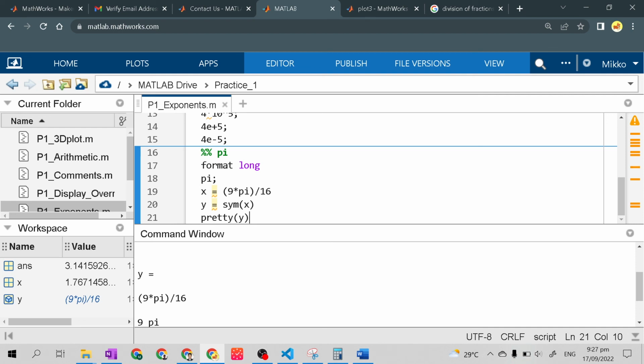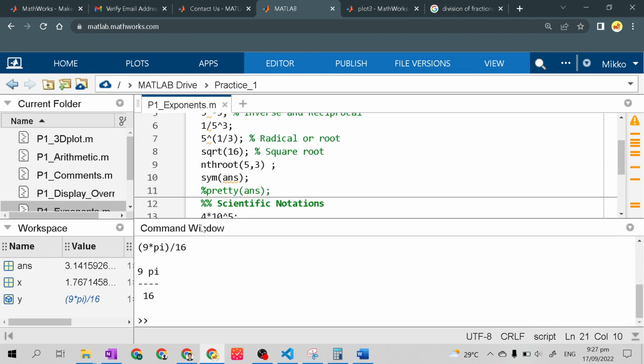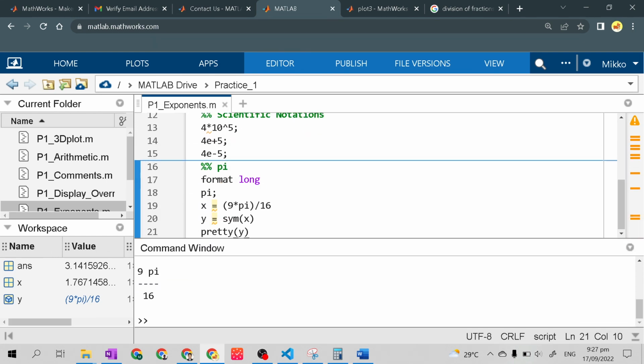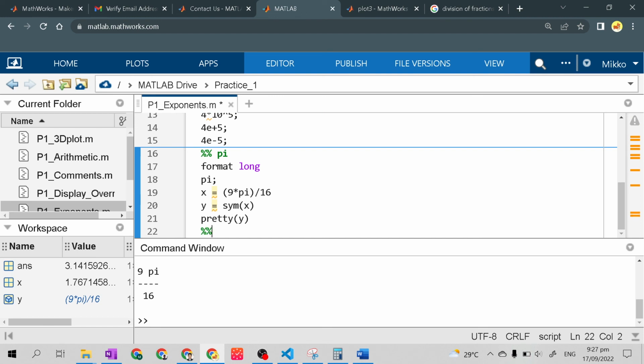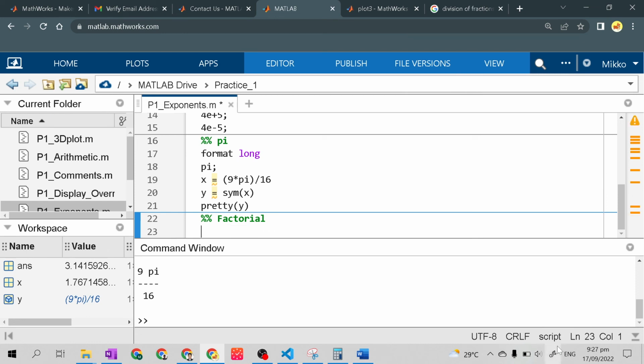I will now also include factorial here because factorial is easy. Factorial is not a common problem.